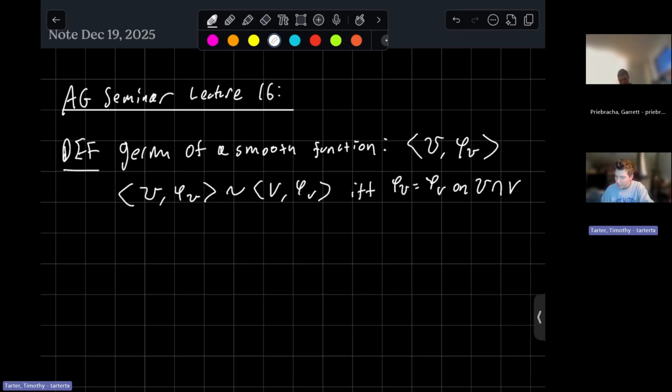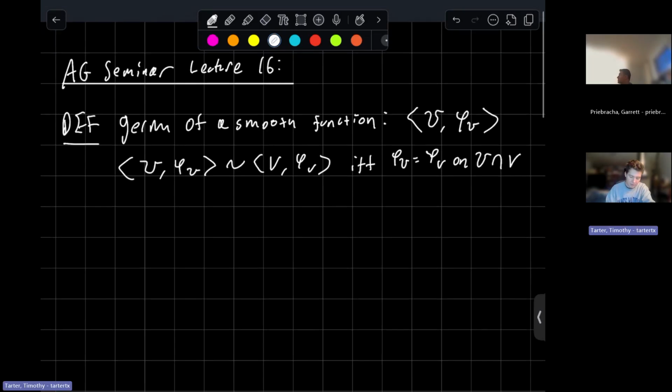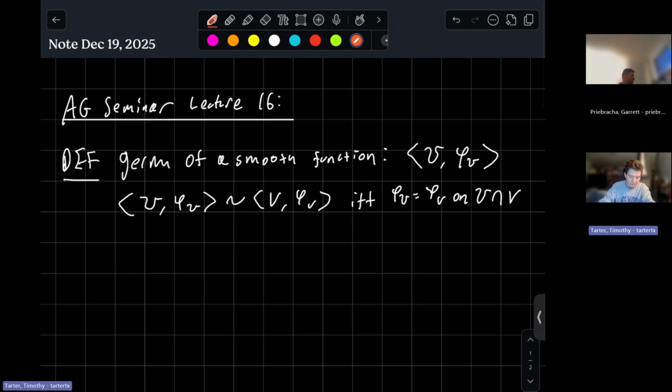I'm pretty sure that Vakil uses the same definition, except he does it at a point, and then he says we'll find an open set around the point. So this is the Hartshorne definition.